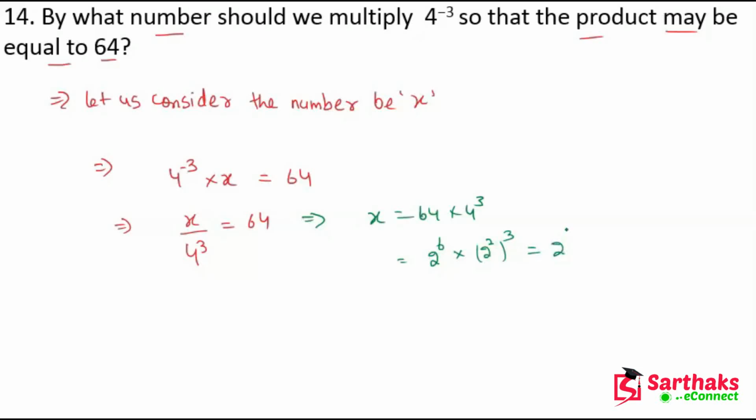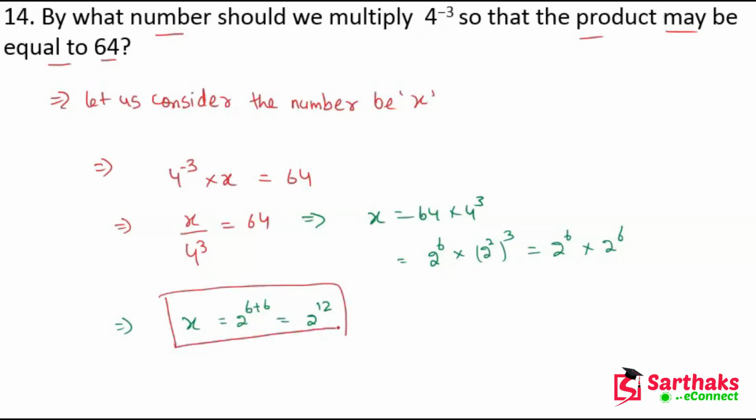So this will become 2 raised to power 6 into 2 raised to power 6. So x will be 2 raised to power 6 plus 6, which is equal to 2 raised to power 12. So this is the answer of this problem.